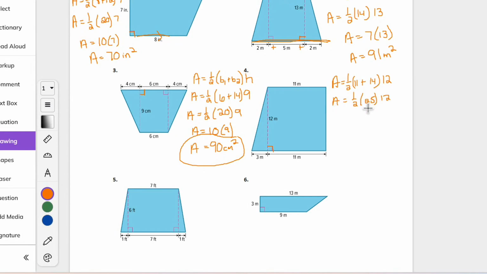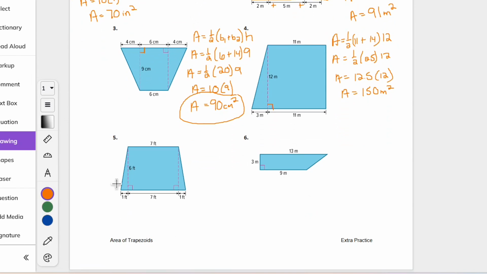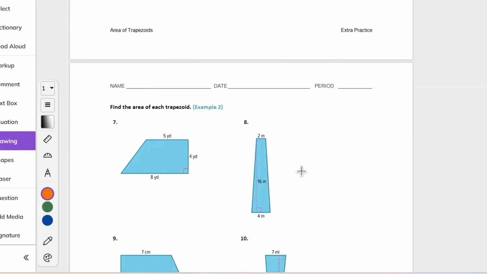Half of 25 is 12.5 times 12. And 12.5 times 12 is going to be 150 meters squared. Same formula. There's a couple more you can try on your own right there.